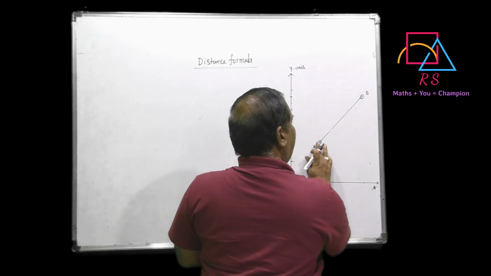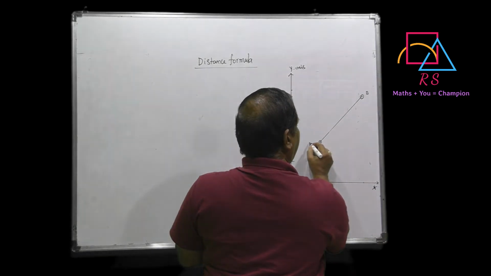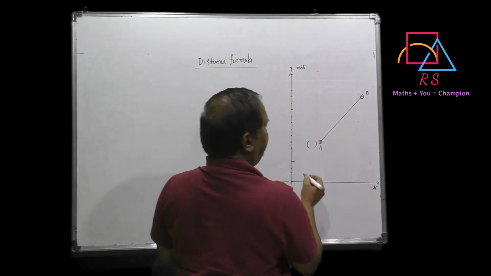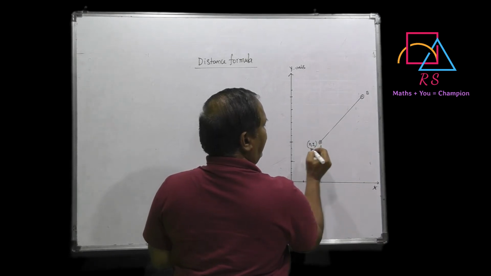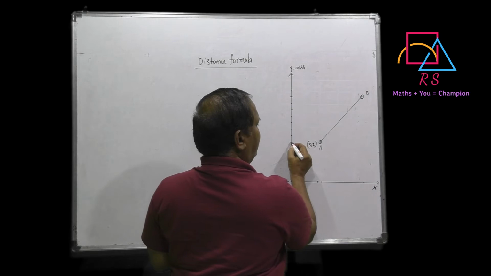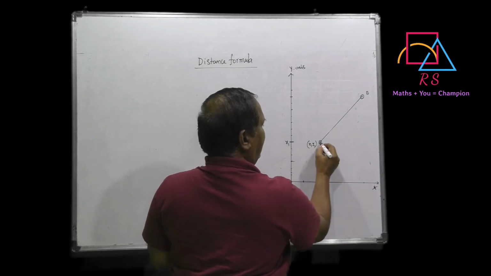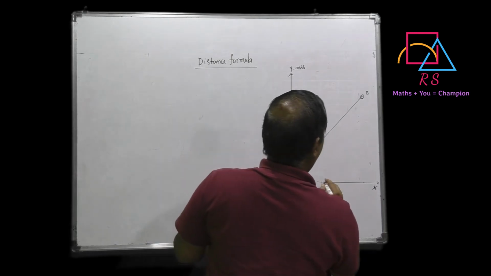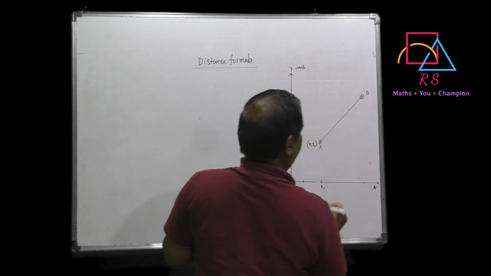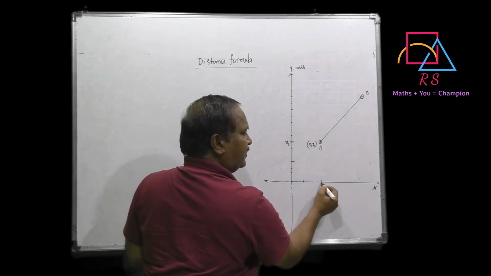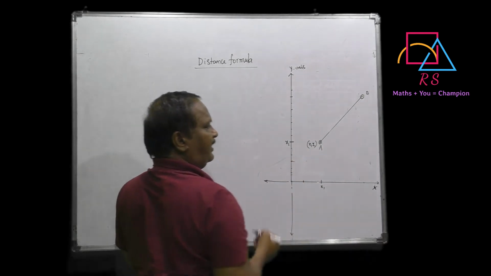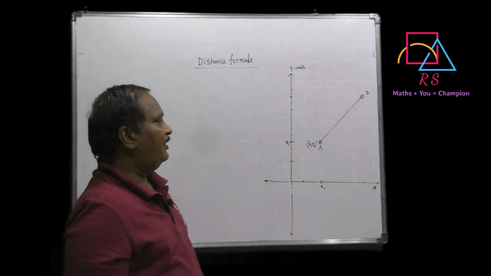Whenever you have a distance like this, these are the coordinates. Let us say this is x1 and y1. So this location is x1, x1 is on the x-axis, y1 is on the y-axis.